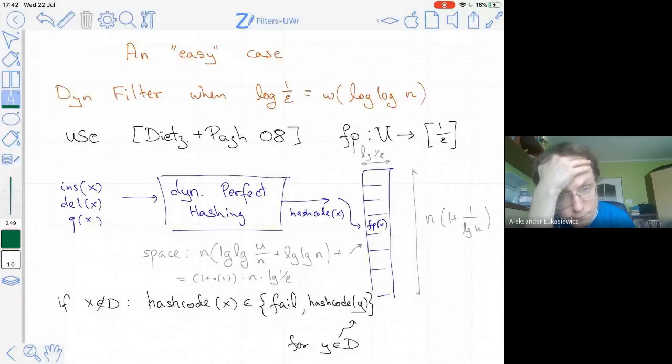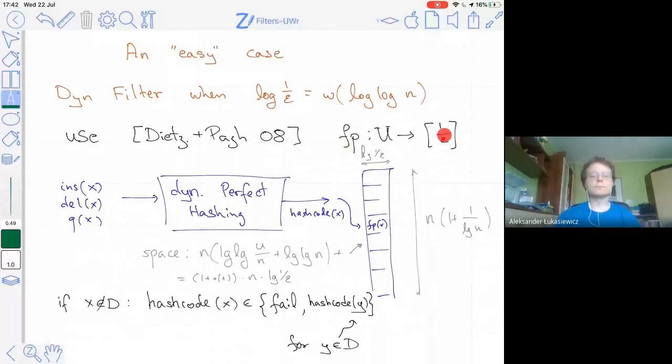So what I want to do is I want to employ a retrieval technique of Dietzfelbinger and Pagh from '08 that works as follows. I attach what is called a value or satellite data to every element, which is given by my fingerprint function. And this satellite data is log of 1 over epsilon bits long. Okay, and it's of course a random function.